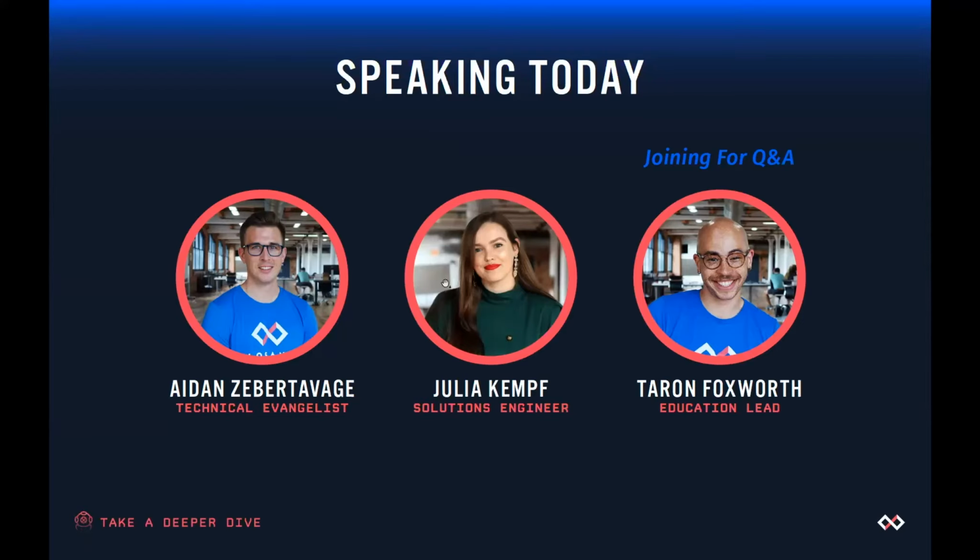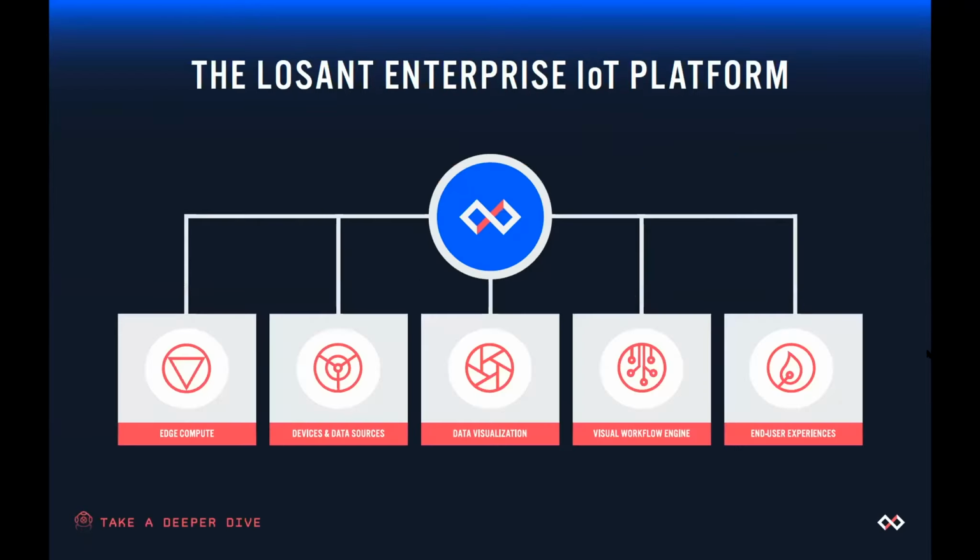So prior to handing it over to Julia to speak directly about today's indoor asset tracker application template, I'd like to just take a moment and do some level setting around Losant and our enterprise IoT platform, especially for those of you on the call who are new to Losant. So Losant is an application enablement platform. Now, what that means is that Losant provides enterprises with the building blocks to create their own IoT applications.